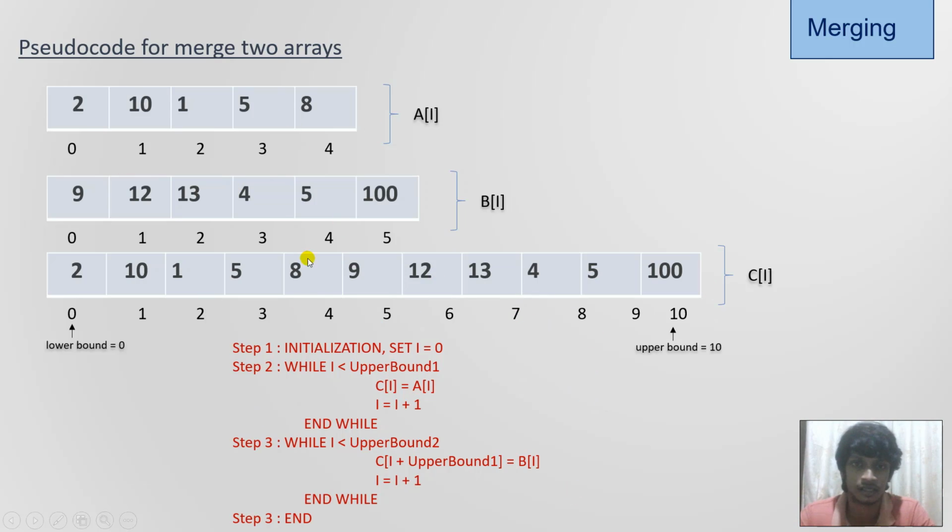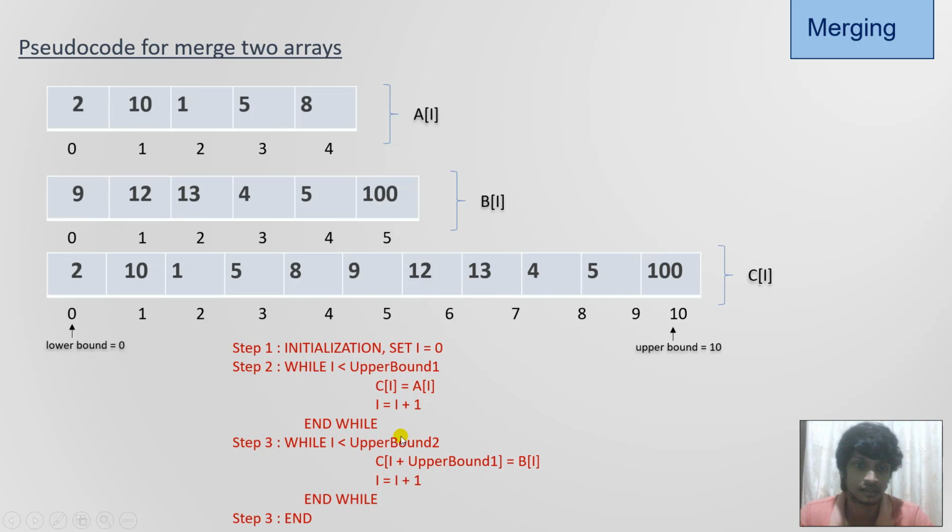First thing is defining an I variable in order to make some loops. In the first loop it traverses each and every element in the first array and assigns each element to the third array.